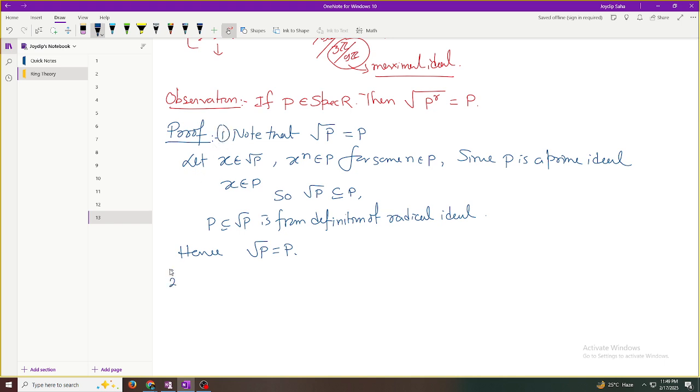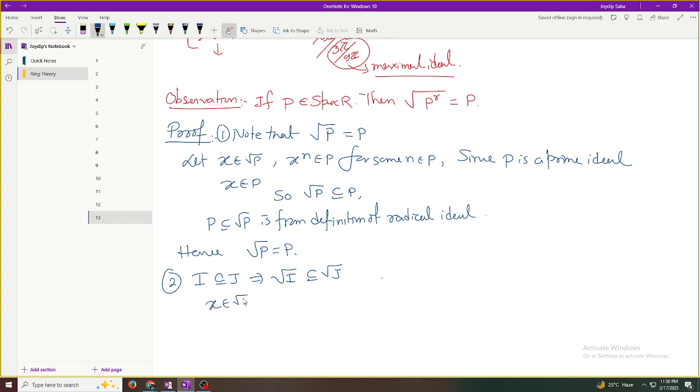Number 1 done. Number 2 observation: root of I to the power n equals root I for any ideal I. At first I write this: I subset of J implies root I subset of root J. This is from a one-line observation.